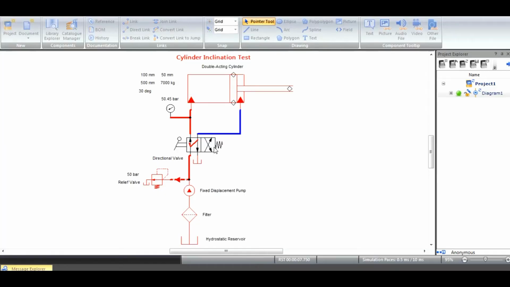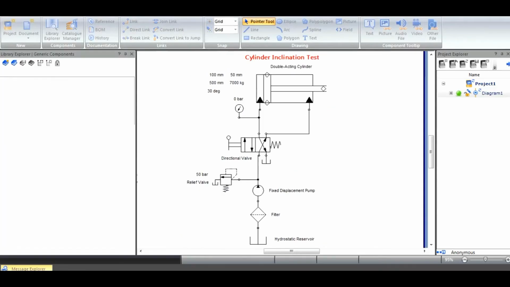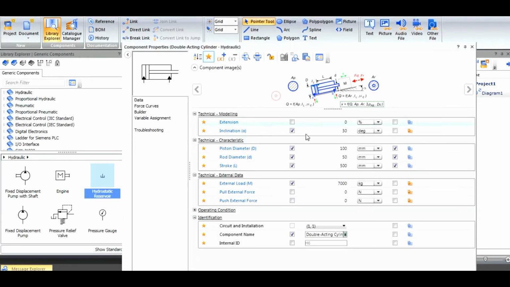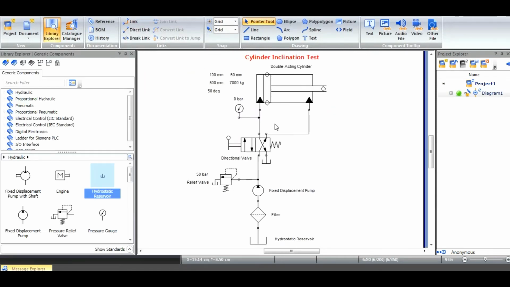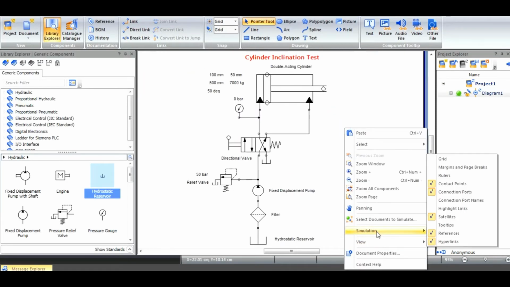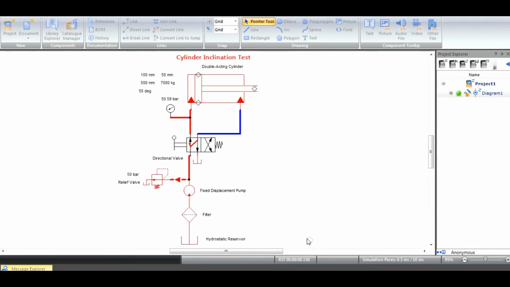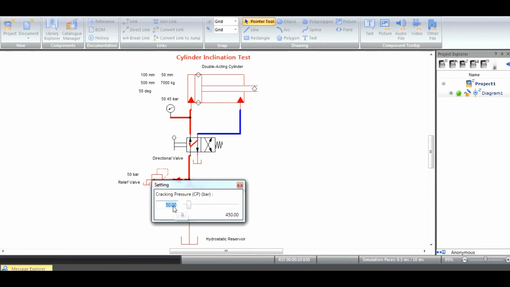Now for 50 degrees, check again. The cylinder is not going to extend because a very large amount of load is acting. So here I am going to increase the cracking pressure. Now see, by increasing the cracking pressure, the cylinder is going to extend.